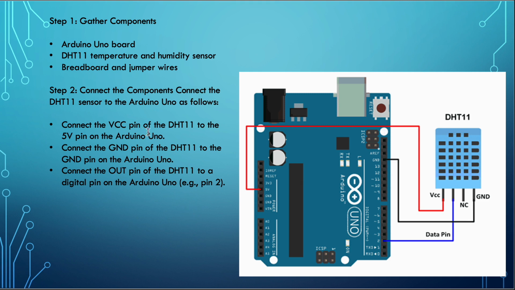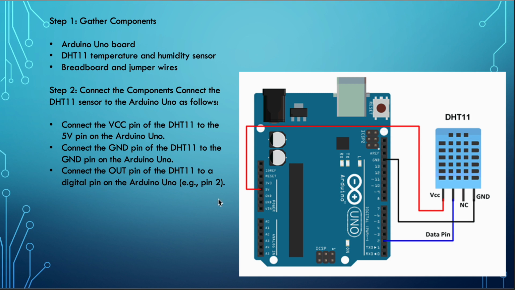The VCC pin of the DHT11 to the 5-volt pin of the Arduino, so there will be constant electricity flowing through this. Power will be there. Connect the ground of the sensor to the ground and connect the out pin of the DHT11 to a digital pin on the Arduino.